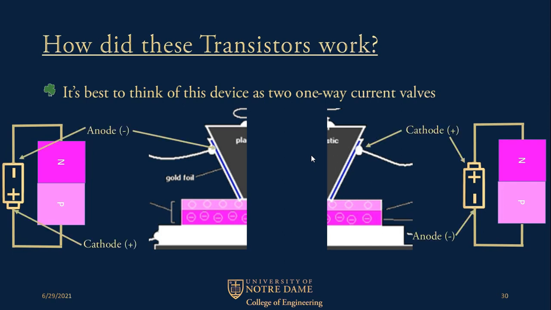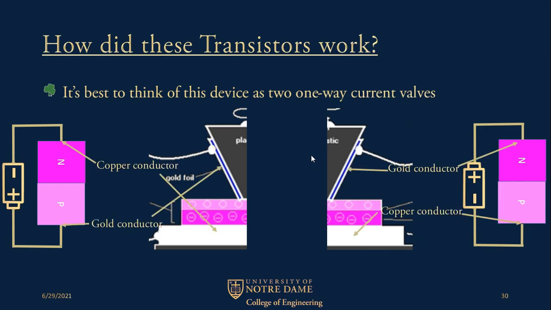So here we have the anodes connected and the cathodes are connected to the ground. Not to ground, excuse me. The gold conductor is connected to the foil. It's connected in the opposite way in the other circuit. So we actually have two oppositely directed diodes that are almost touching each other. When we use the spring and we get those gold foils, they come so close to touching.